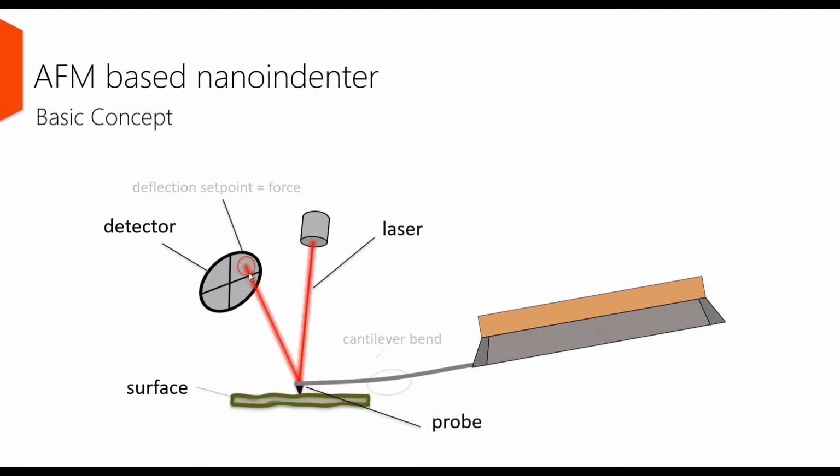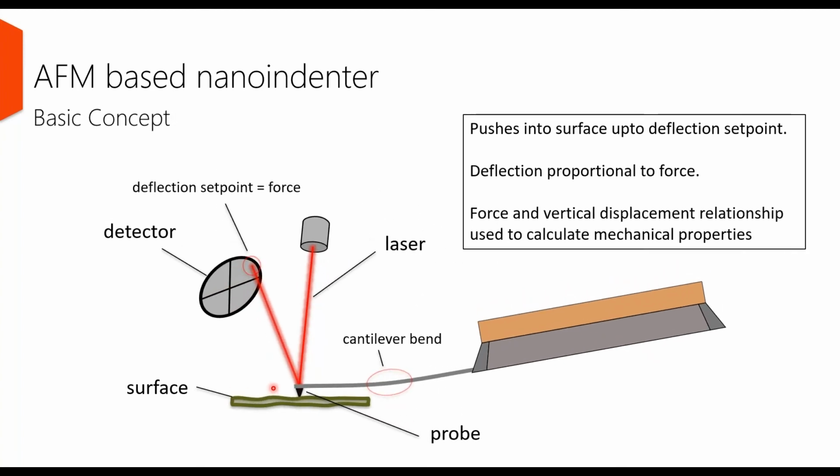If you push into the surface, it will compress, right? The cantilever will bend, and we'll get a deflection, which represents the force. So deflection is proportional to force, and then we can use the amount of force that we've applied and the vertical displacement, so how far we've pushed into the sample, to calculate the mechanical properties.